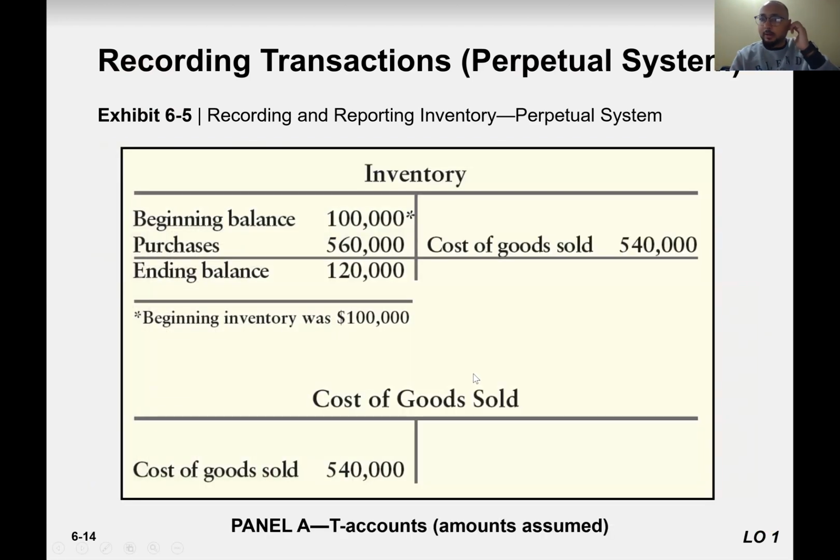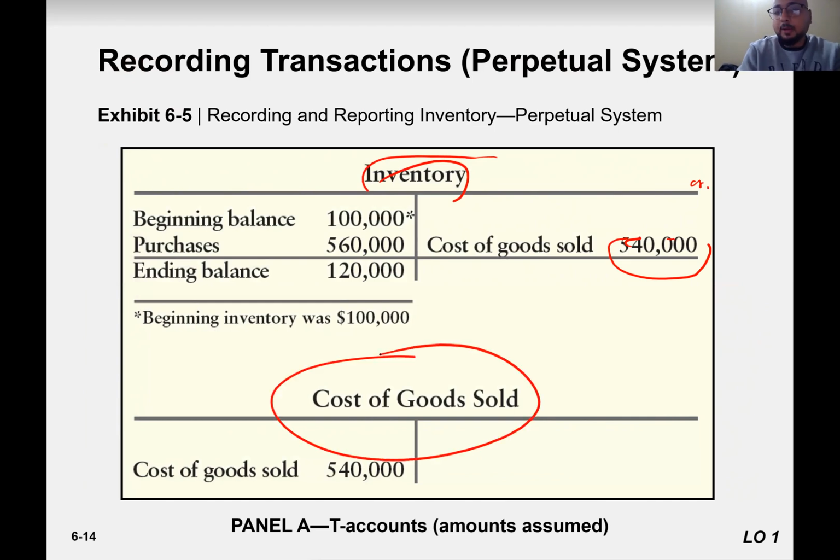If you transfer that entry into T accounts, cost of goods sold is a debit, normal balance also debit because this is an expense, and inventory has the credit side.